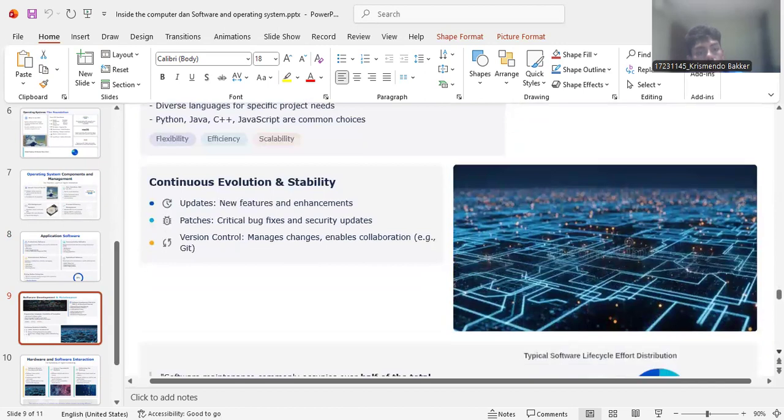Continuous evolution and stability: updates bring new features and enhancements, patches deliver critical bug fixes and security updates, and version control manages change and enables collaboration.